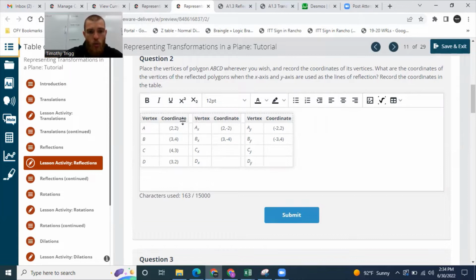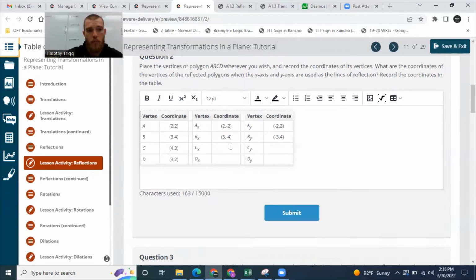Notice the x-coordinate stays the same, but the y-coordinate changes signs. It went from 2 on the y-coordinate to -2. Similarly, for point B, the x-coordinate is the same, but the y-coordinate went from 4 to -4.